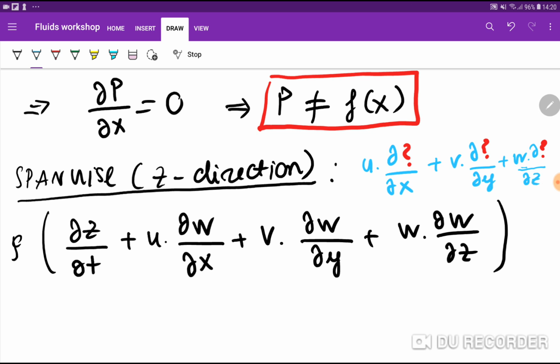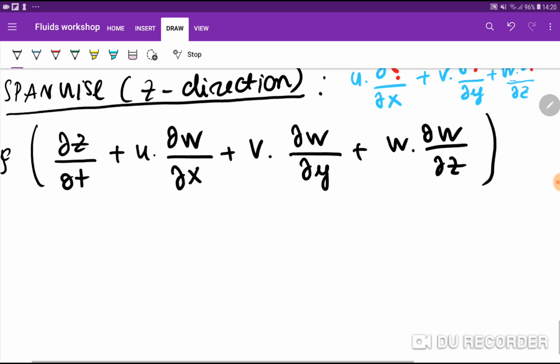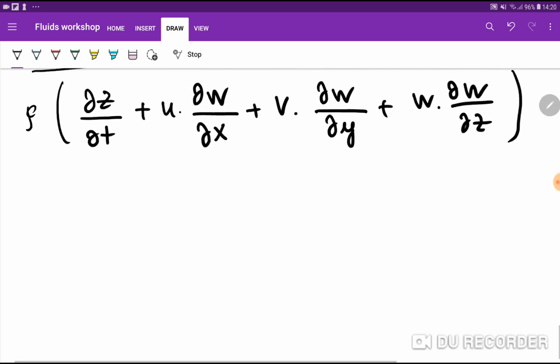It seems like a curl or a divergence or a gradient operator. I'm not sure, but I'm just saying there's a very interesting trend right there. So in this case, that candidate is w.